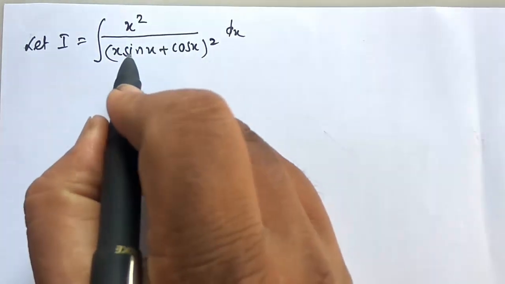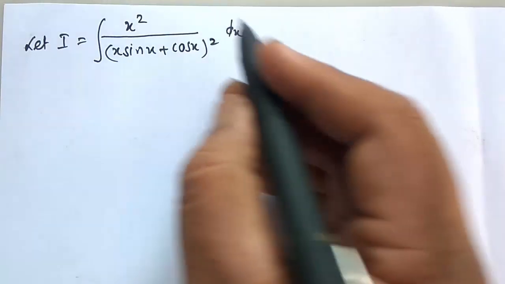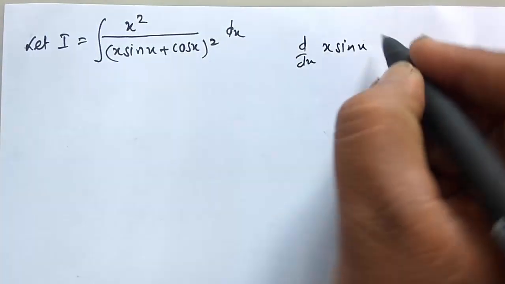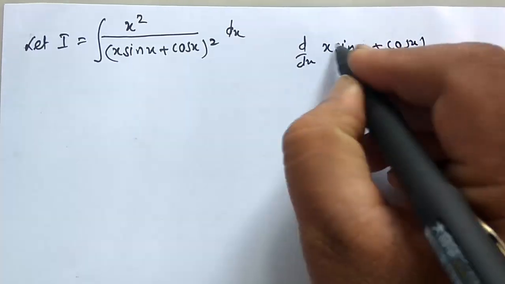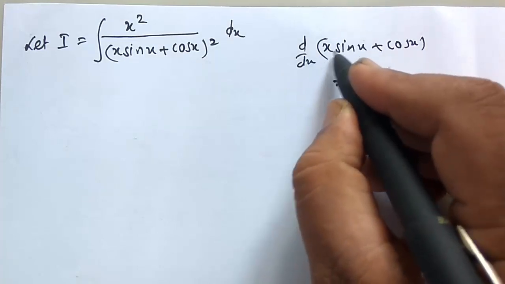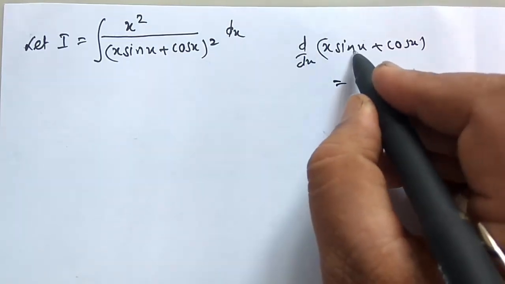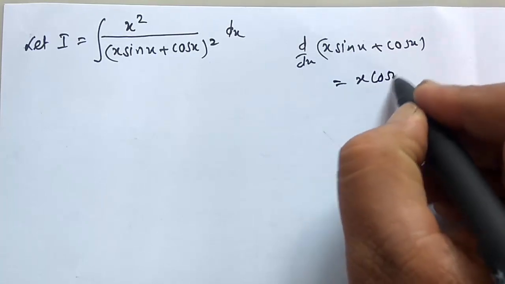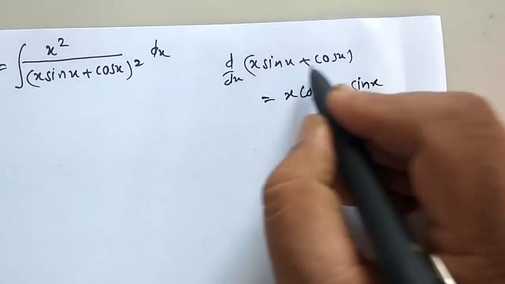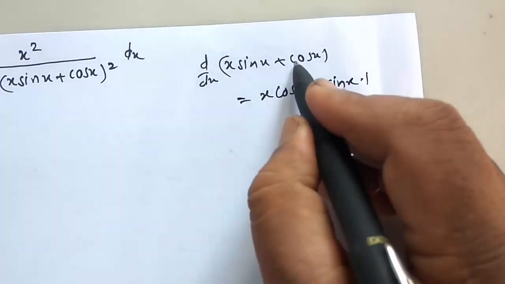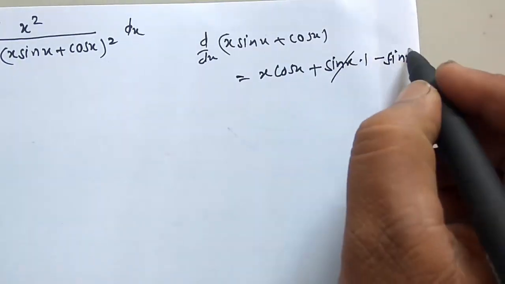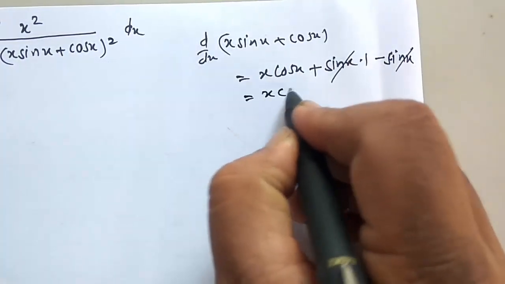Now if you observe, if you take the derivative d by dx of x sin x plus cos x, applying the derivative of u into v, it is x into the derivative of sin x, which is cos x, plus sin x remains as it is, and the derivative of x is 1, and the derivative of cos x is minus sin x. So sin x minus sin x gets cancelled, it is x cos x.